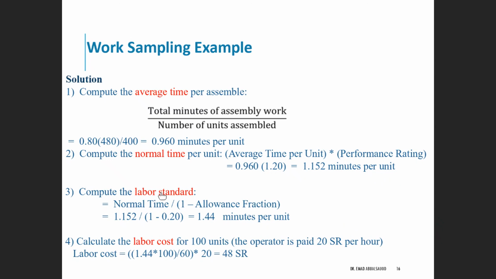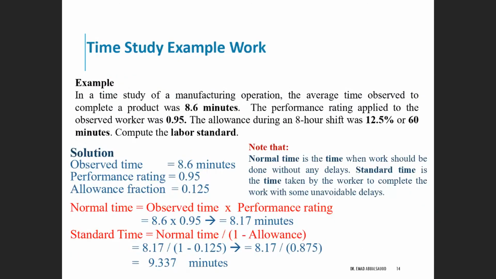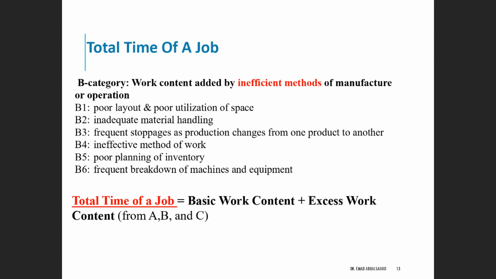So this is one of the techniques that we learned today in the human factors and safety. Today we covered the time for a job. We explained there are different times.